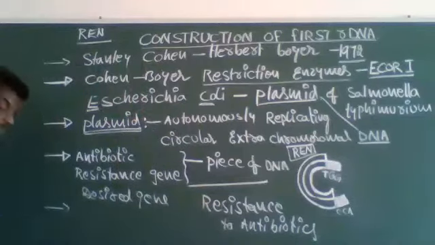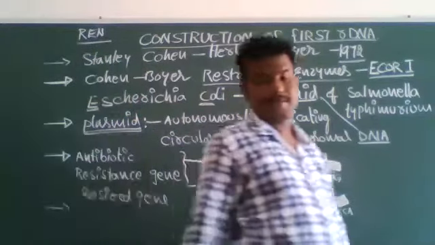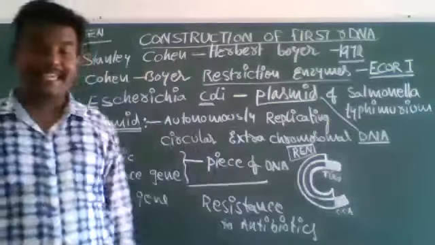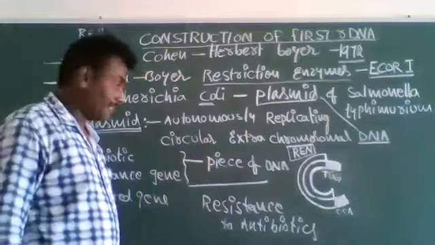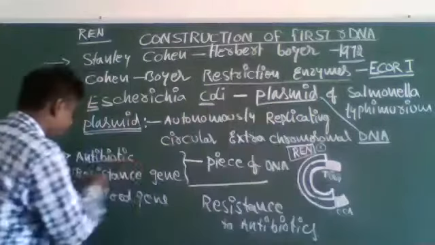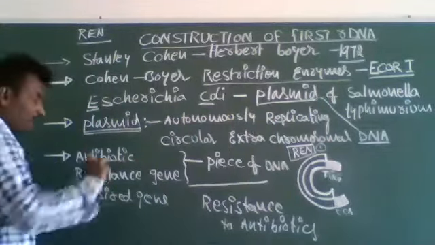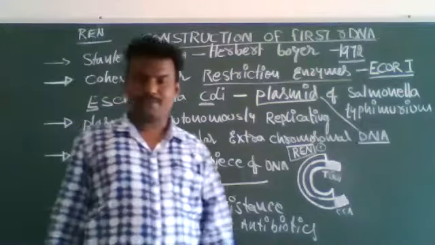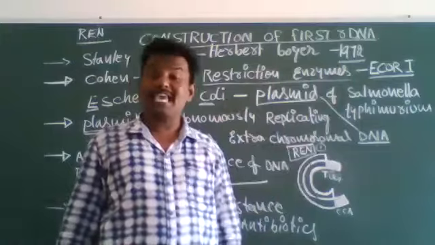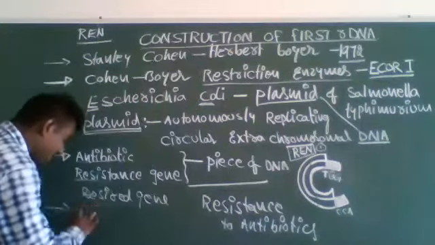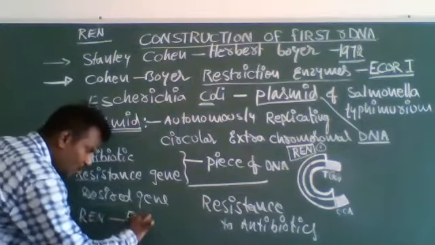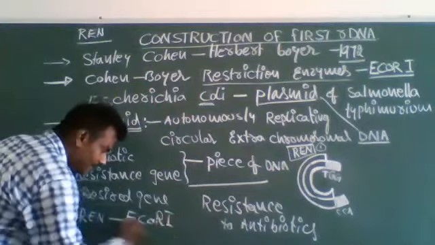Next step, cutting off a piece of DNA in both the cases. In both the cases means what? Here one case, here one case. In both the cases they will use the same enzyme, restriction endonuclease, or EcoRI.